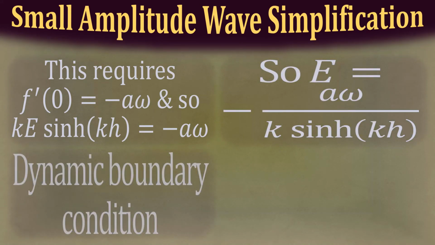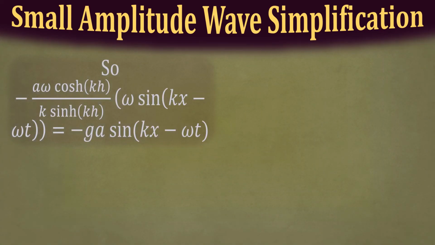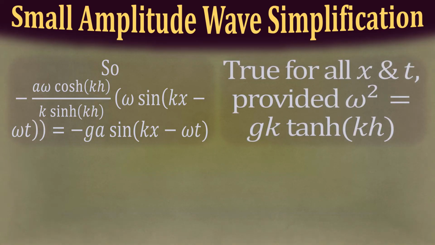Next, consider the dynamic boundary condition. This requires phi sub t is equal to minus g eta on z is equal to 0. So minus a omega cosh kh over k sinh kh times omega sine(kx minus omega t) is equal to minus ga sine(kx minus omega t), which is true for all x and t, provided omega squared is equal to gk tanh kh.